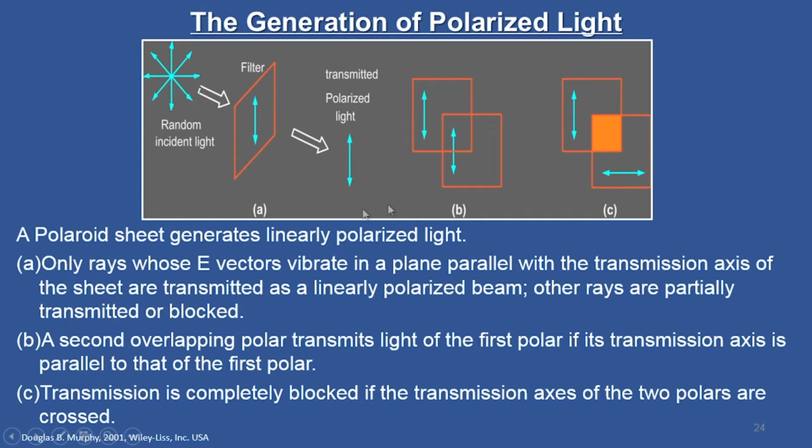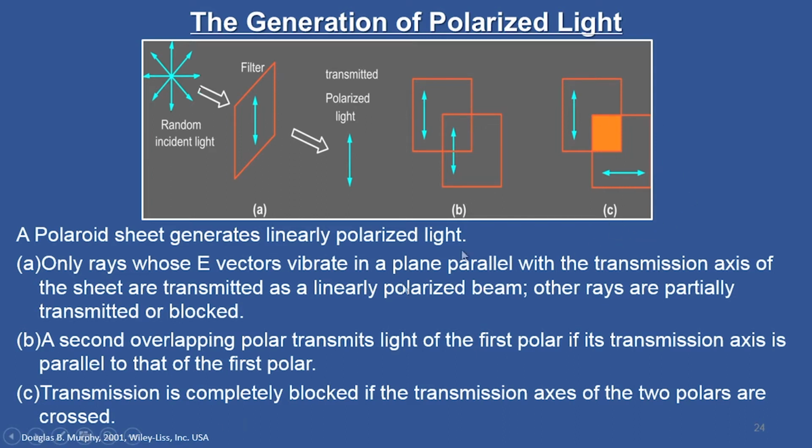The schematic B shows an overlapping polar transmits light of the first polar if its transmission axis is parallel to that of the first polar. So, since these directions are parallel, the light will pass through this overlapping polar filter also.